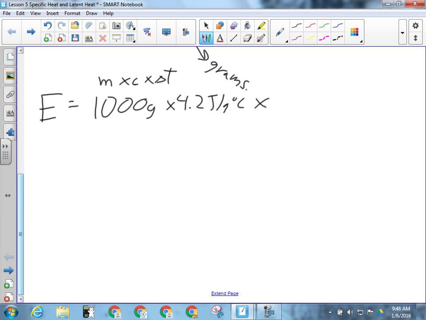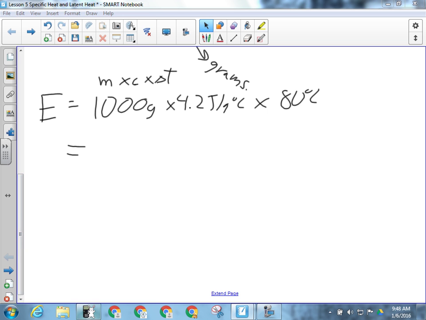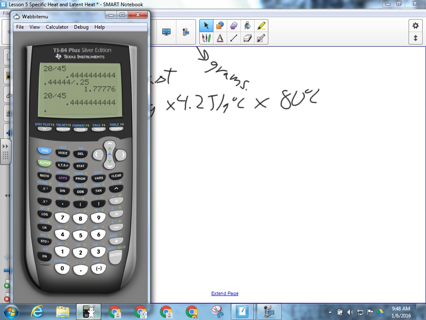I'm going from 20 to 100, so that's how much? 80. Okay, so we punch that in. 1,000 grams times 4.2 times 80. 336,000 joules. Is that a lot? That is a lot.